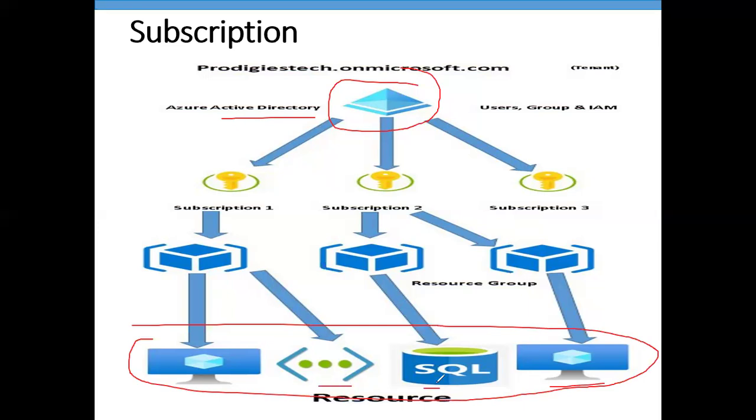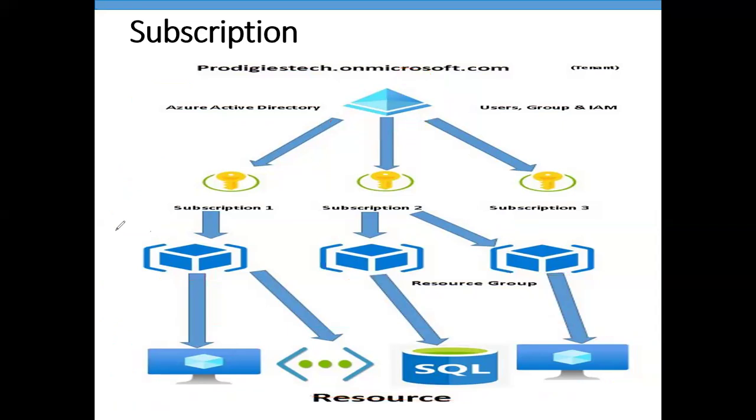But to create these things, we need this infrastructure. Now, what is this? These are called resource group. This upper part we are going to discuss in our upcoming sessions. Right now, to start our training, we are going to discuss only this part.